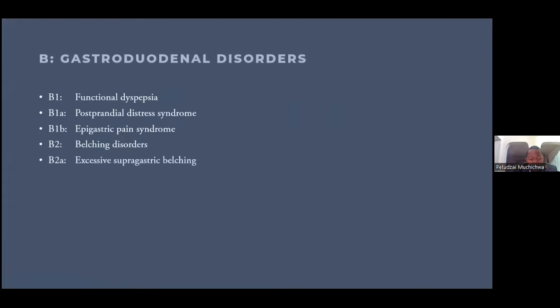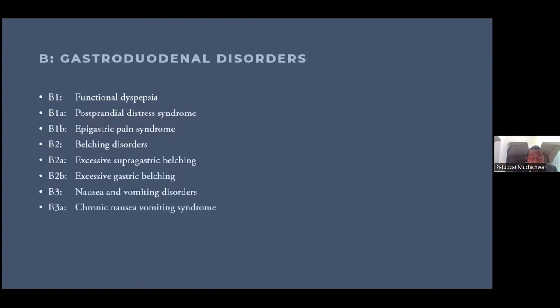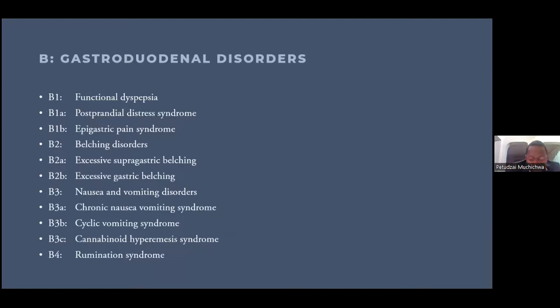B2 will be belching disorders, which include excessive supragastric and gastric belching. Then the vomiting syndromes: chronic nausea and vomiting syndromes, cyclic vomiting syndromes, cannabinoid hyperemesis syndrome, and lastly, the rumination syndromes. We'll go through each and give a brief description.